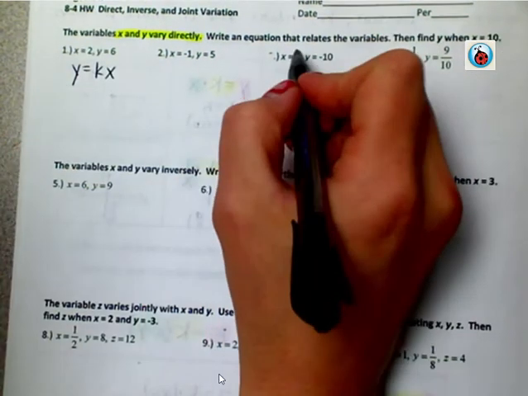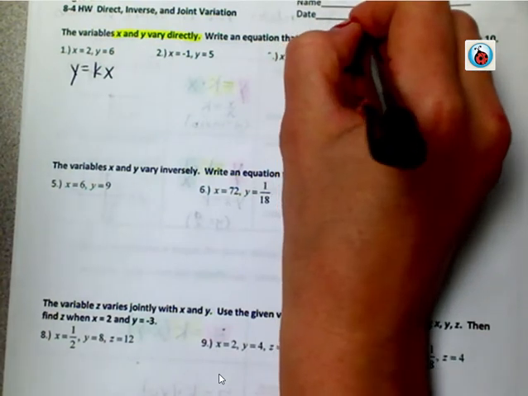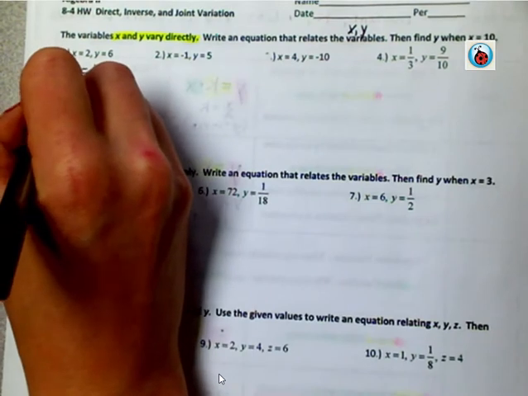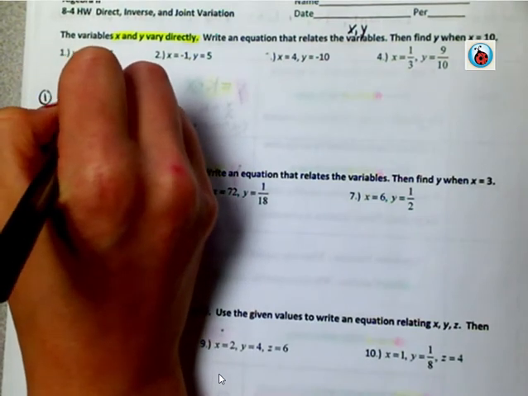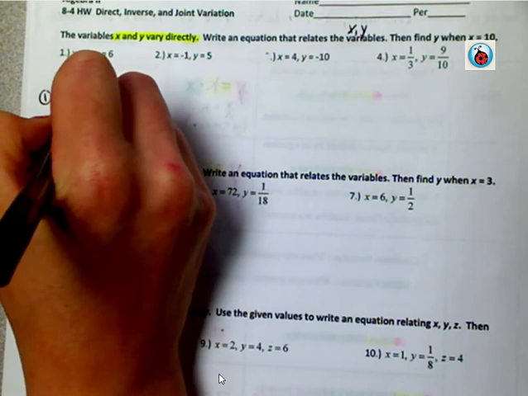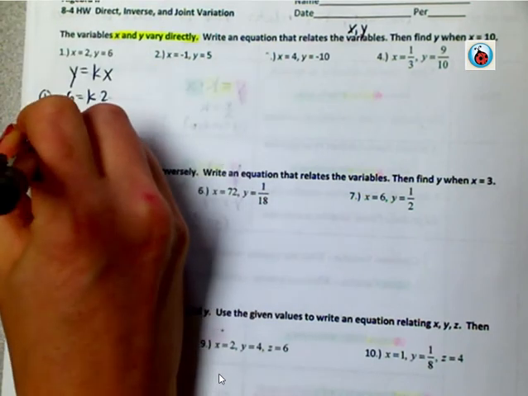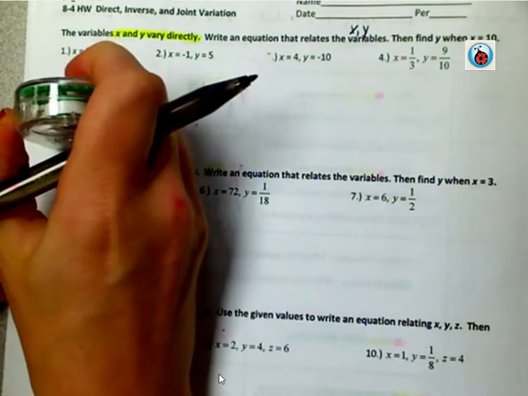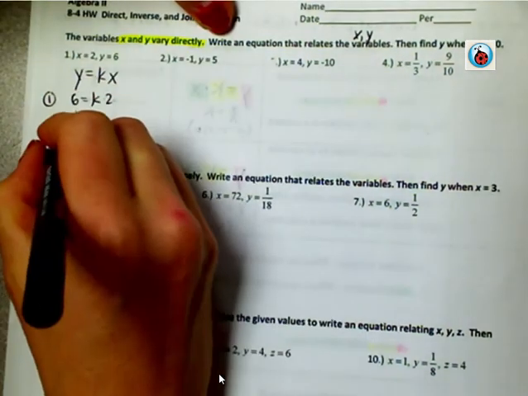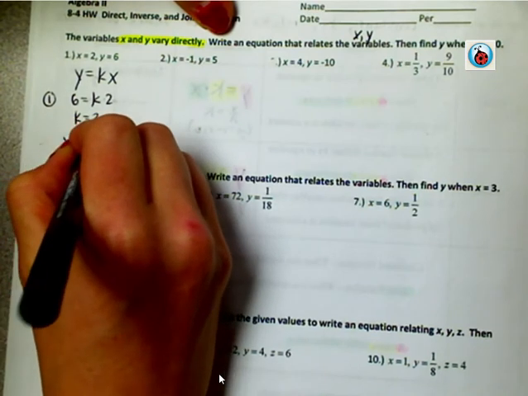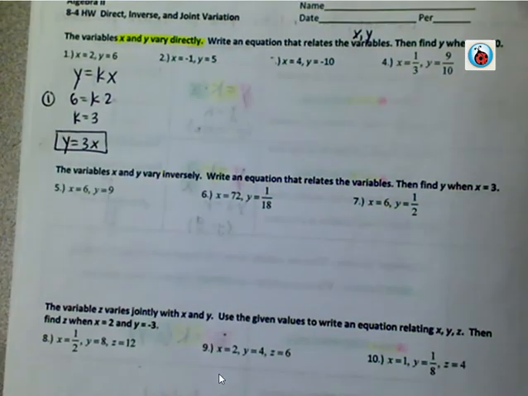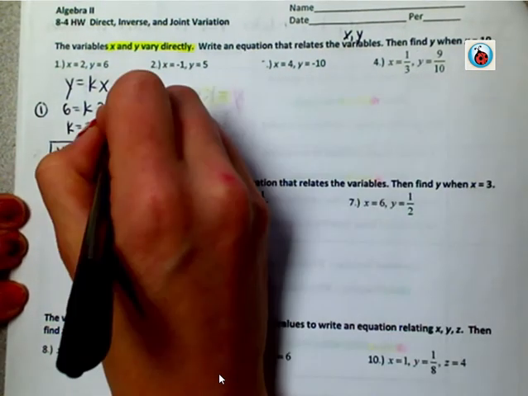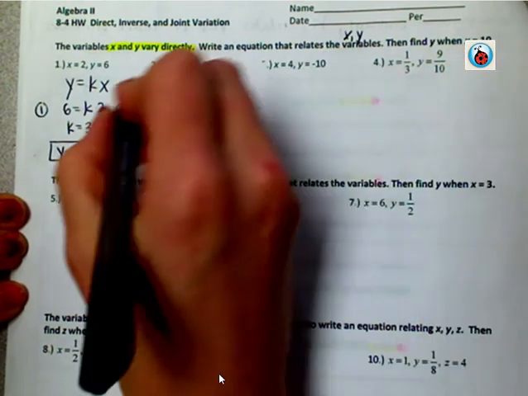In order to write an equation that relates the variables, we need x and y, not k, which means the first thing you need to do is find k. So the equation that relates the variables is y equals 3x. Notice that the only variables in that equation are x and y. Second, it says, find y when x is 10.